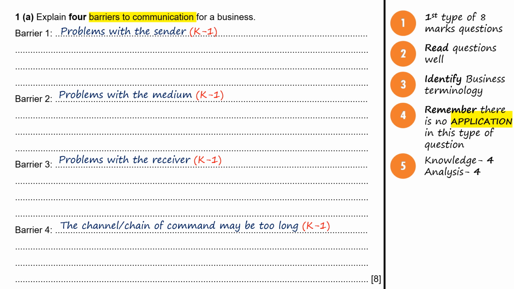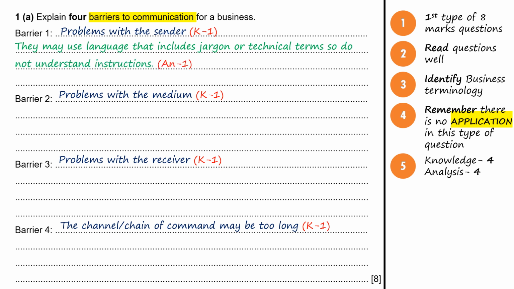So, the analysis mark for barrier 1 is they may use language that includes jargon or technical terms, so do not understand instructions.